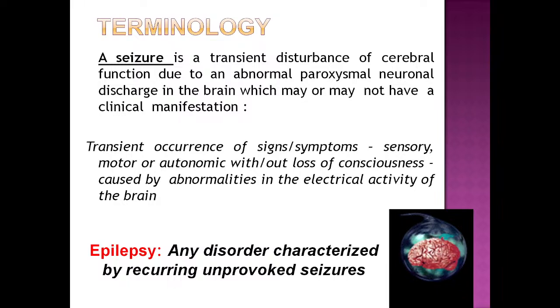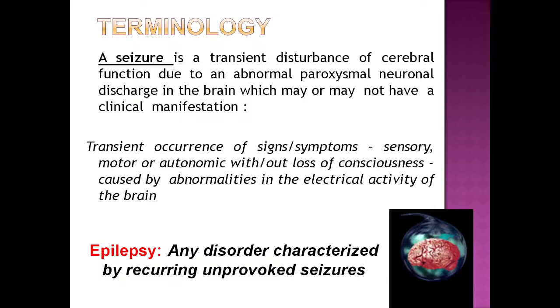That means we also have a category of seizures which can be termed as provoked, which means there is an acute cause associated with it. Unprovoked means that either we don't know the etiology of it, or the etiology is a part of a continuous process which may be related to structural or functional aspects of the brain.